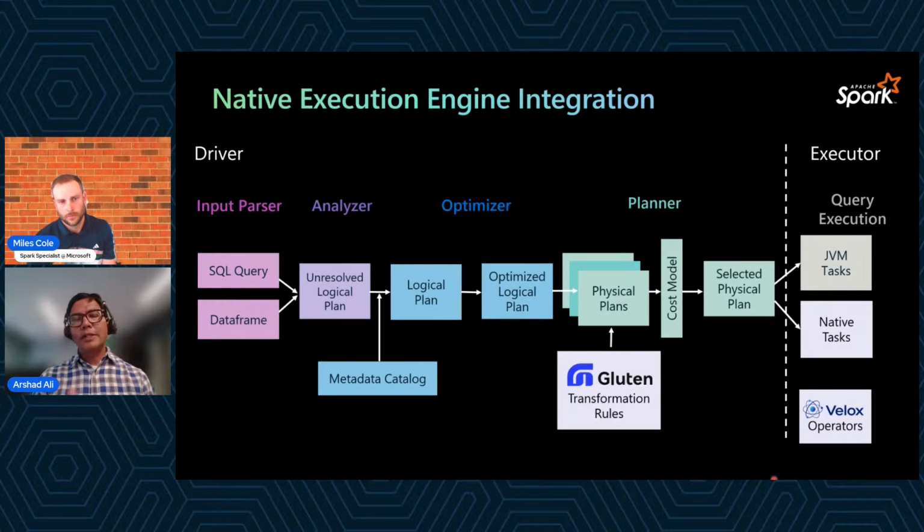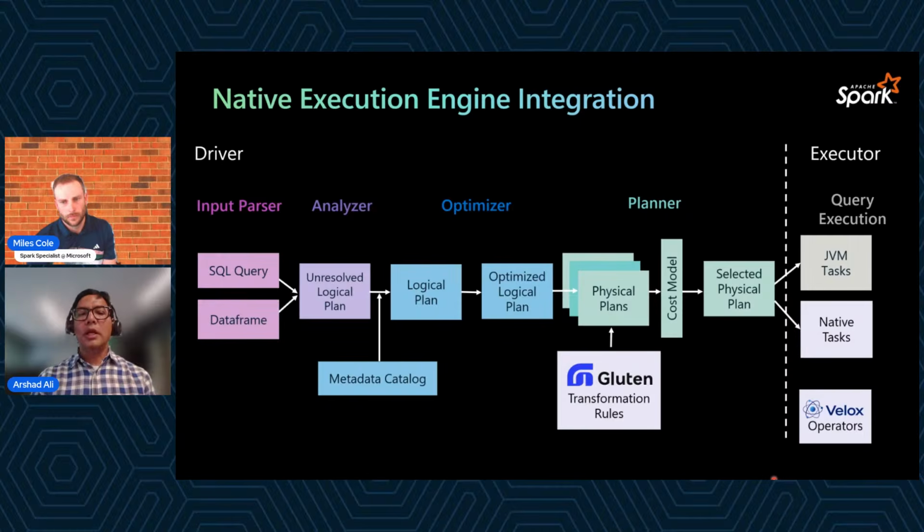The two components that we have included as part of the native execution engine, Gluten and Velox, are plugged into this flow. And as a developer, you don't have to worry. This is just for awareness, and it takes care of physical execution acceleration.